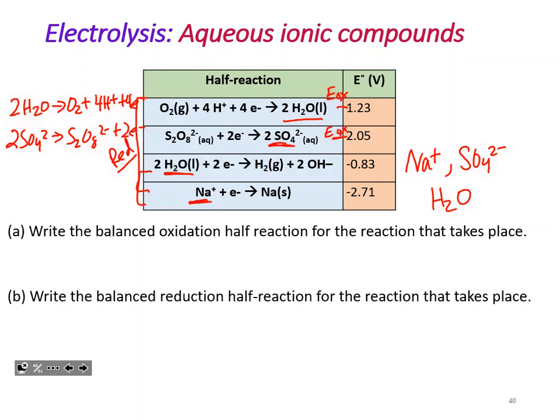Now, looking at these possibilities, oxidation-wise, is water or sulfate, which one's going to be oxidized at the anode based off of these values we just figured? Which one has the more positive oxidation potential?